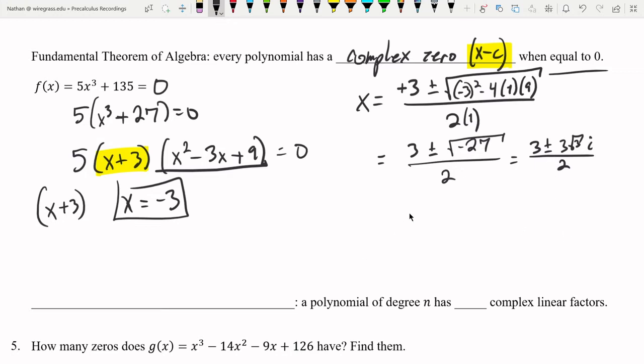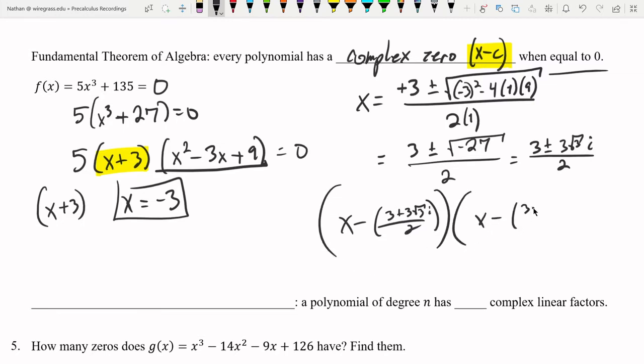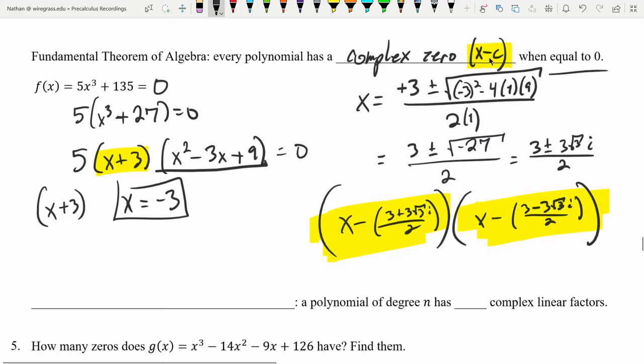And I can write it out as a complex 0 as x minus 3 plus 3 root 3i over 2, and x minus 3 minus 3 root 3i over 2. And now you can see that this and this are also these complex zeros that the fundamental theorem of algebra says are there.